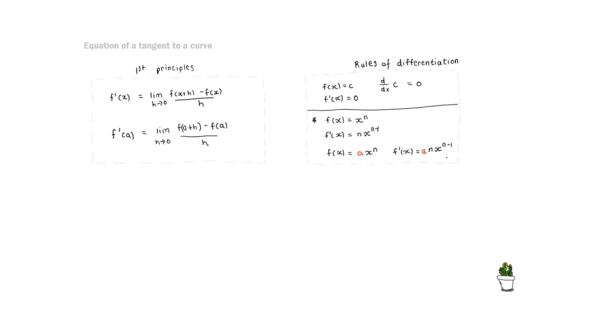And that's basically it. We also looked at the rule for the sum of differentiable functions, which is just an extension of the power rule. If your function is made up of more than one x to the n term, then you apply the power rule to each of those terms individually.